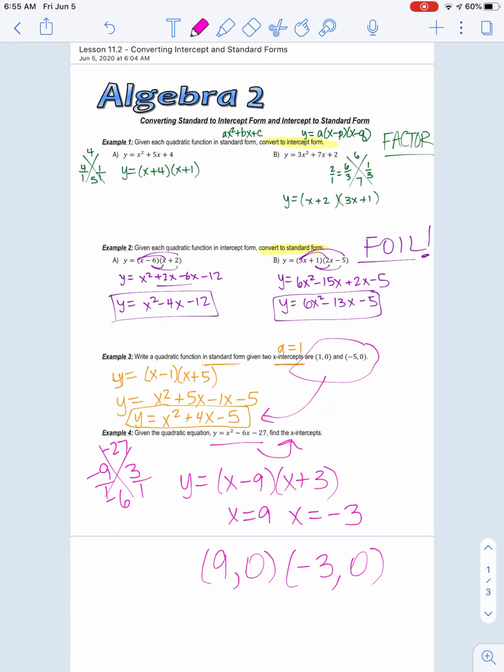Make sure when you're doing any of these problems that you're paying really close attention to the directions, and make sure you know that whenever you're converting standard to intercept form, you basically factor, and intercept to standard form, basically use FOIL. That concludes our lesson on converting standard and intercept forms.